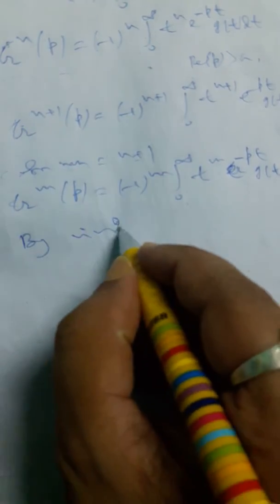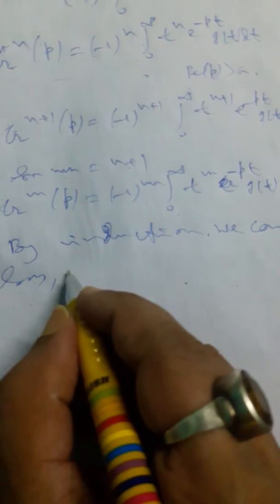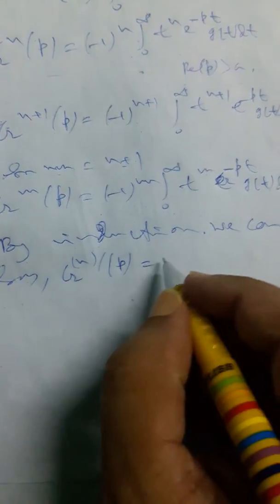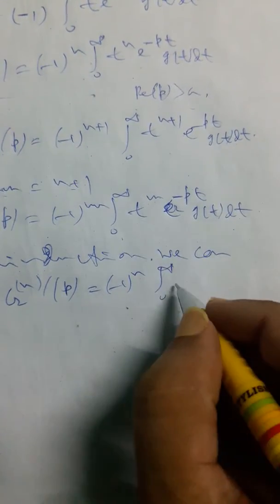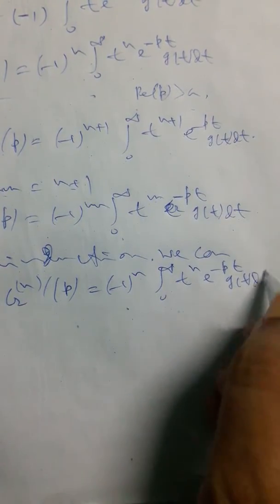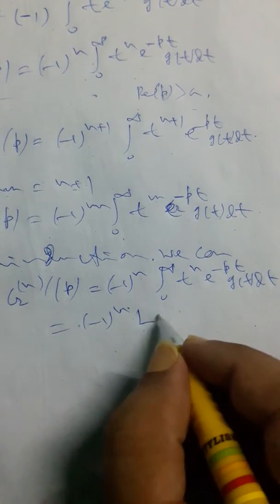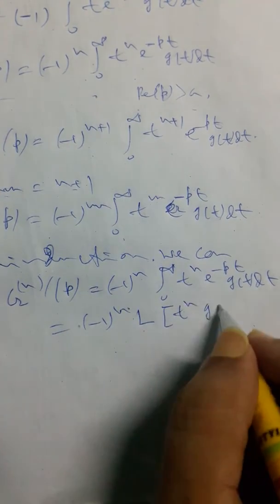So by the method of induction, we can say G^(n)(p) equals (-1)^n times the integral from 0 to infinity of t^n e to the power minus pt g(t) dt, that is (-1)^n times the Laplace transform of t^n g(t).